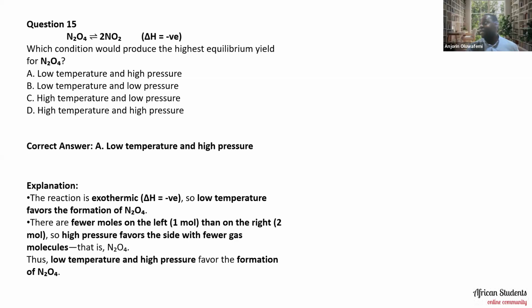The reaction is exothermic, so low temperature favors the formation of N2O4. There are fewer moles on the right, 1 mole, than on the left, 2 moles, so high pressure will also favor the side with fewer gas molecules, and that is N2O4. Thus, low temperature and high pressure favor formation of N2O4.